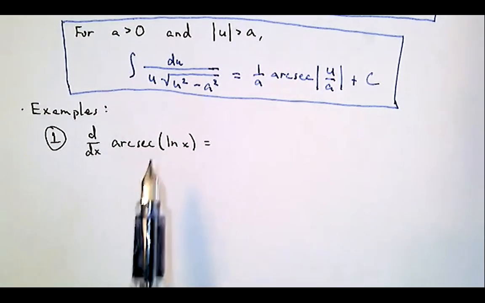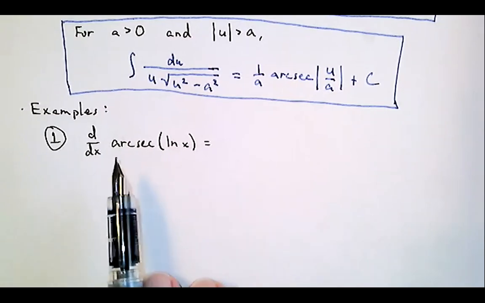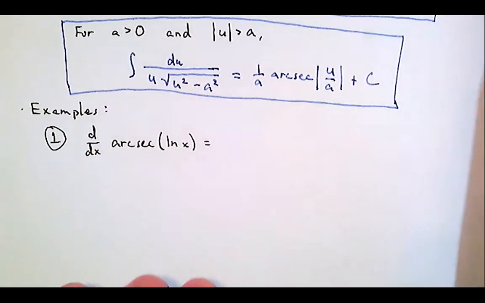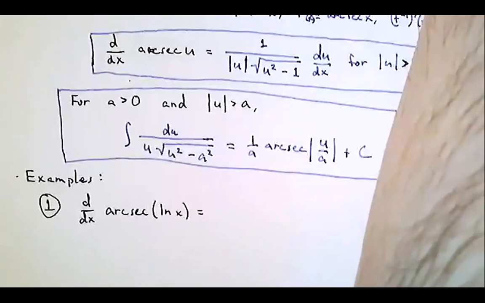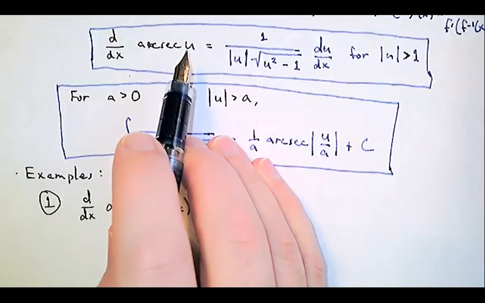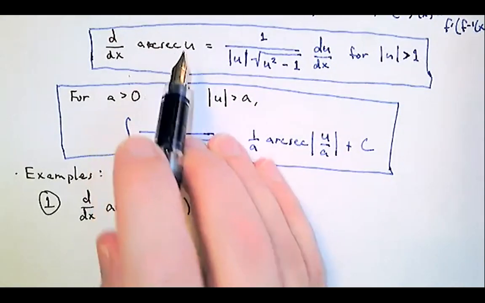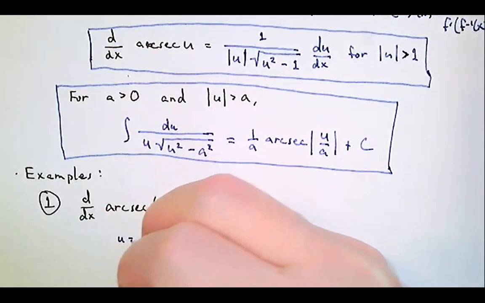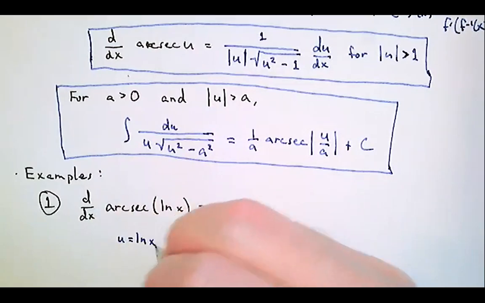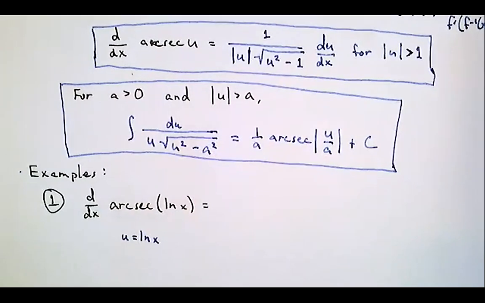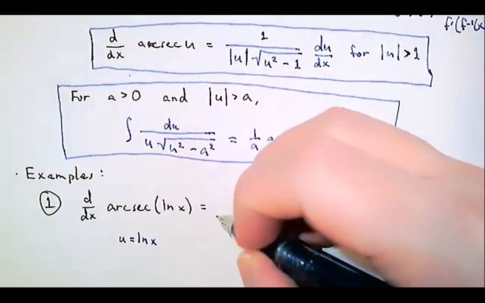So I want to take the derivative of the arcsecant of log x. So we'll need to go to our derivative rule, and I guess I can get that in the shot as well. So u, the inner function inside of arcsecant, is going to be the natural log. But otherwise, we can apply this rule directly. Wherever we see a u, we're just going to write the natural log.